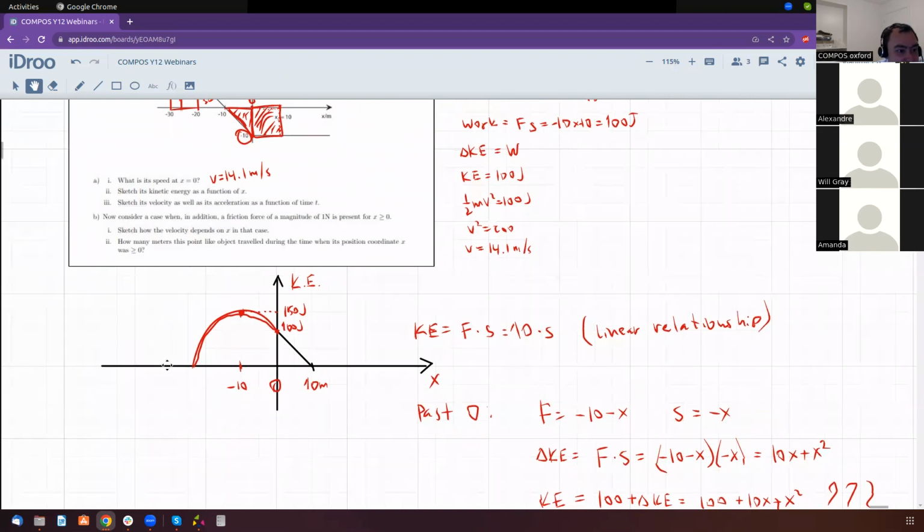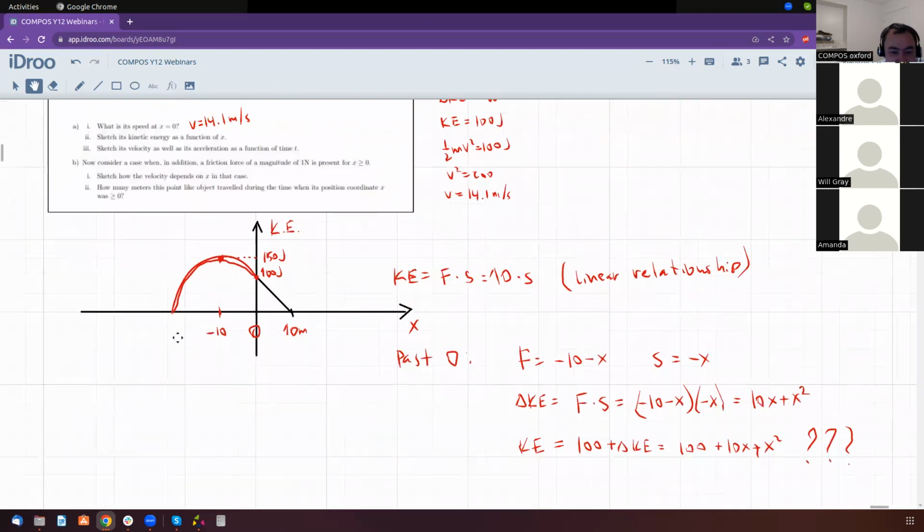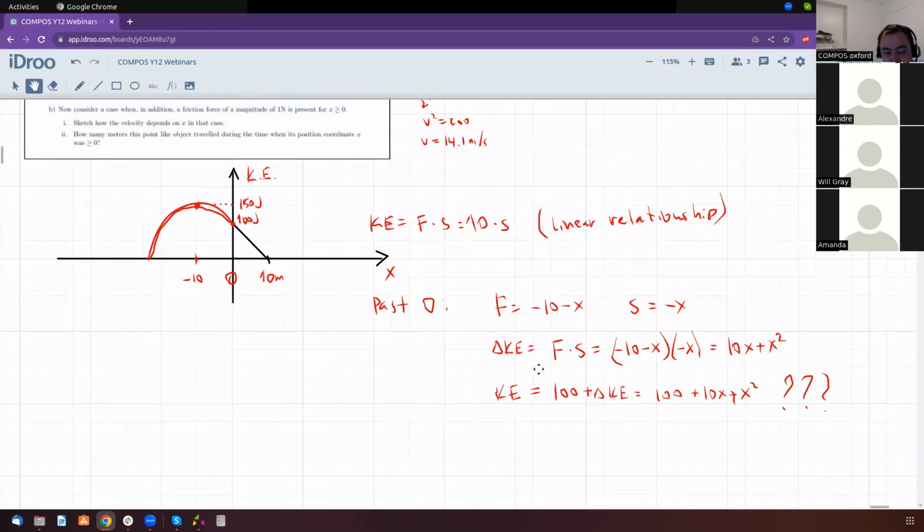Acceleration. So the velocity. Well, the velocity you get from the kinetic energy. Yes, because if you know the kinetic energy, you can sketch the velocity as well. So basically, if we get a correct expression for the kinetic energy, which we don't, unfortunately, the velocity is the square root of 2 times the kinetic energy divided by the mass. The mass is 1, so it's the square root of twice the kinetic energy.